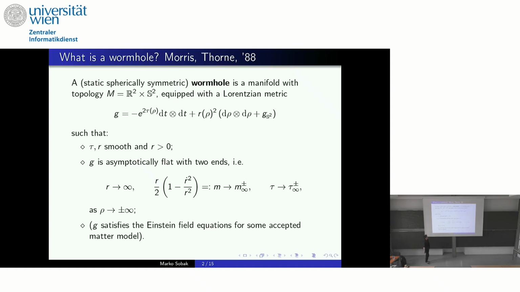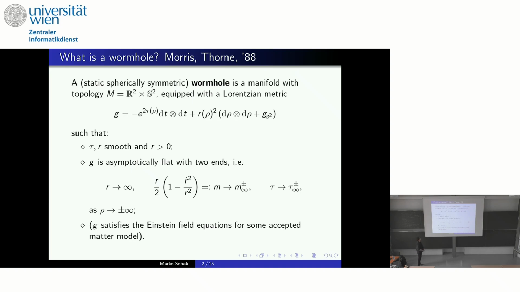And I write accepted here, but when one considers wormholes, one needs to be a bit less strict with what is to be accepted, because you can show that with these two conditions, every wormhole will necessarily violate the so-called null energy condition. So already there you have something spooky going on. And I will talk about the matter model that I consider in a moment.